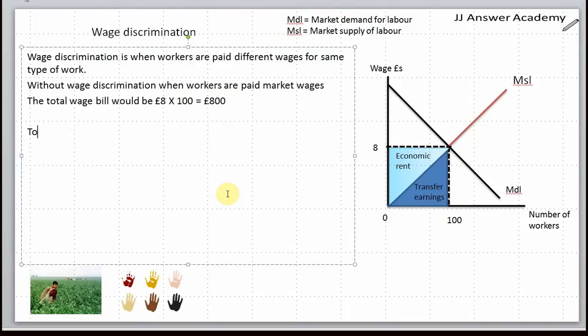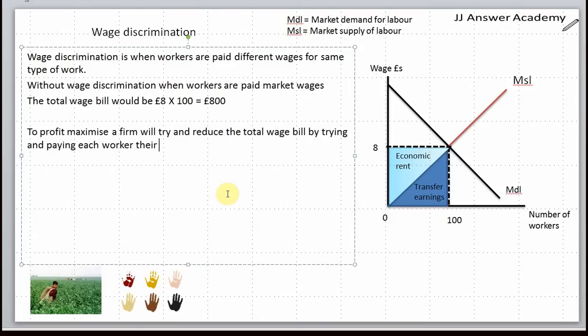Now, to profit maximize, a firm will try and reduce the total wage bill by trying to pay each worker their transfer earnings, the minimum wage required to engage in labor markets.